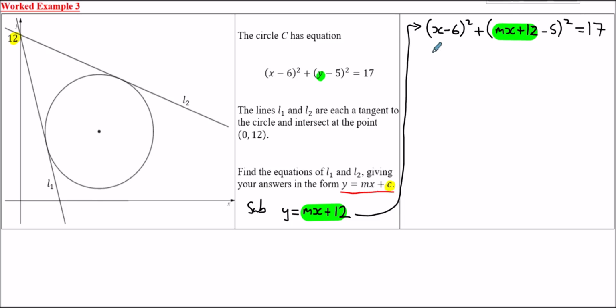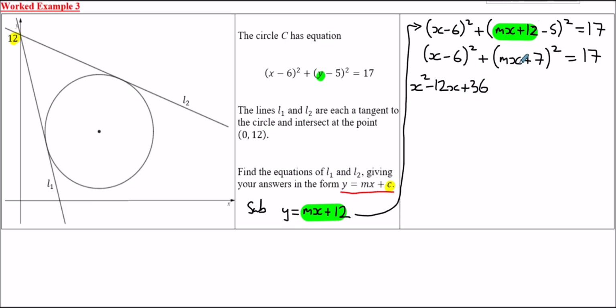So let's simplify slightly. So we have x minus 6 all squared plus, well, mx plus 12 and minus 5, that just becomes plus 7. That equals 17. Let's expand this out now and see what we can do with it. So if we expand out the first bracket, we'll get x squared minus 12x plus 36.